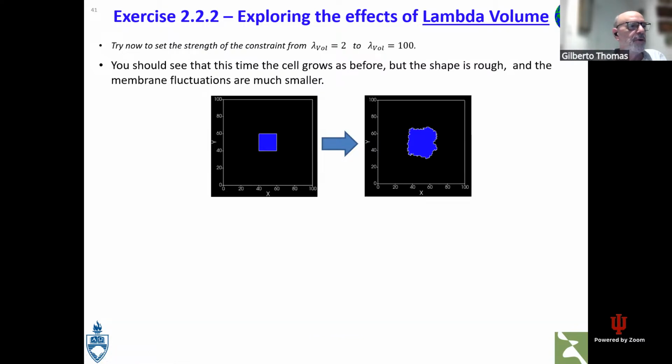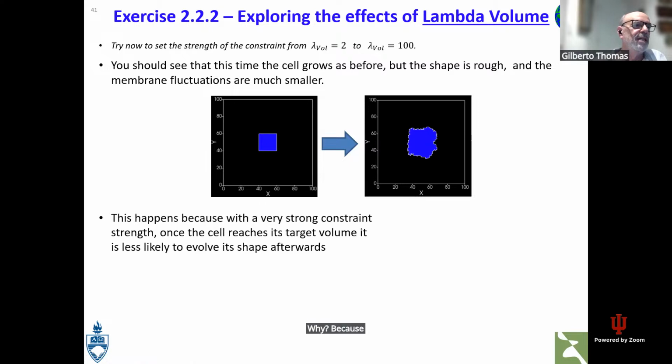Why? Because, as I told you before, with a strong constant, once the cell reaches its target value, it's difficult to change it. Remember the behavior of the function, the parabola?